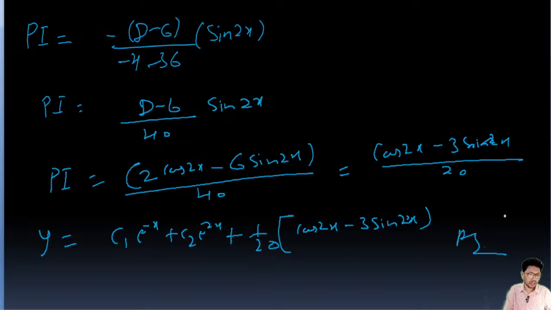Now we are going to solve type 5. Type 5 is for finding the particular integral if R(x) is in the form of x sin ax.